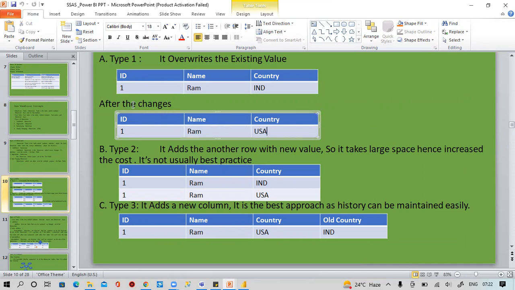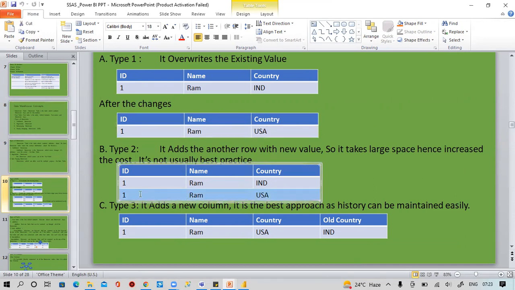Then in the database, it shows his country is USA. If it is type 2, it adds another record. So technically, logically, the size of the table increases. First Ram resides in India, then moved to the USA, then that would be the latest one.